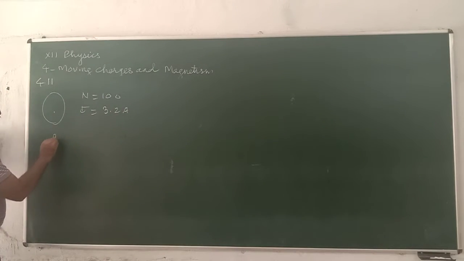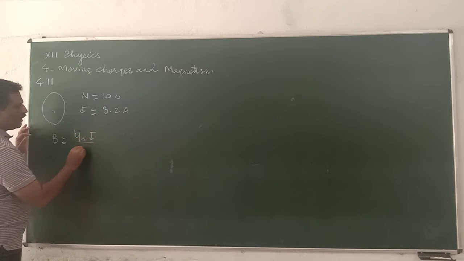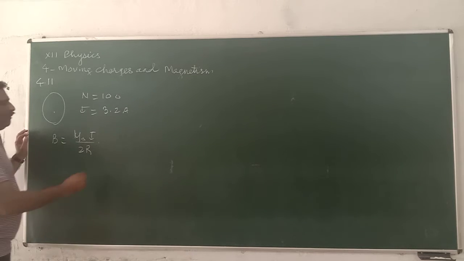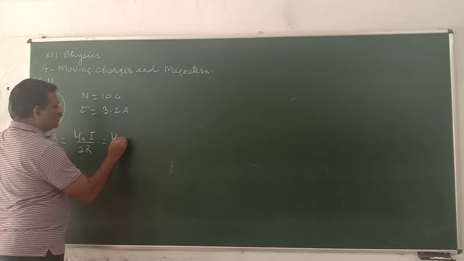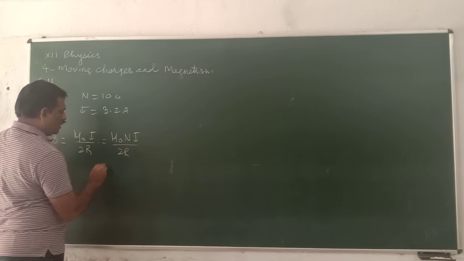B because of a circular coil is equal to mu 0 I divided by 2R. If it is a single turn; if there are n number of turns, it is mu 0 n I divided by 2R.